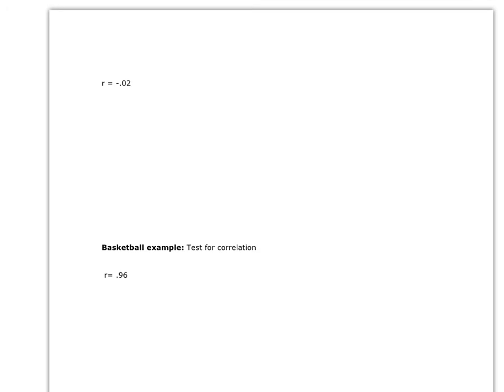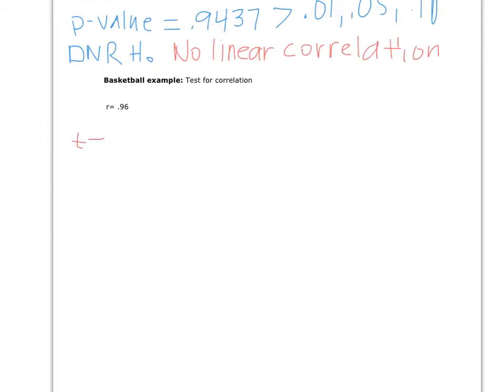Okay, so let's look at another one. If we've got an R value of negative 0.02, first thing we want to do is calculate the test statistic. We take that 0.96, multiply it by the square root of our sample size minus 2. For this example the sample size was 6, so we're going to take the square root of 4. Divide that by the square root of 1 minus 0.96 squared.